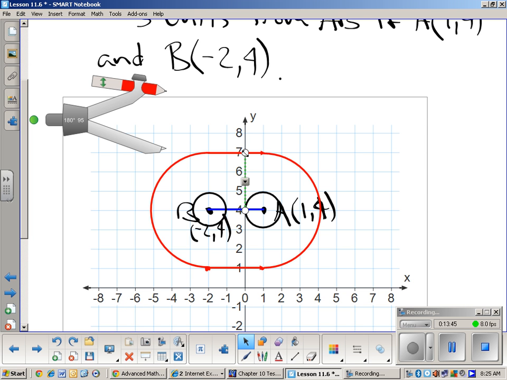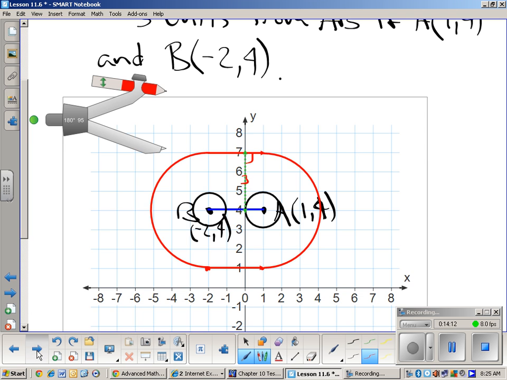A long time ago, many chapters ago, we said the closest distance between a point and a line is on the perpendicular, from that line through the point. So Caleb's saying that this would have to be perpendicular for this measurement to be 3 units. And that's correct. Okay? All right.